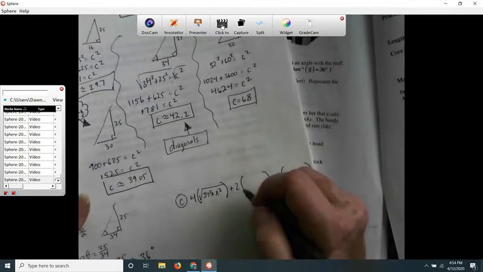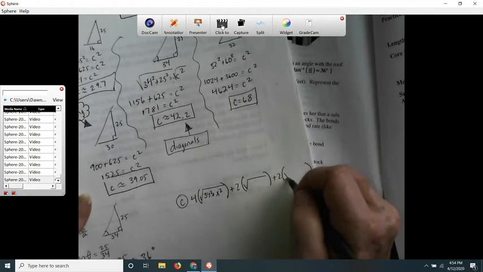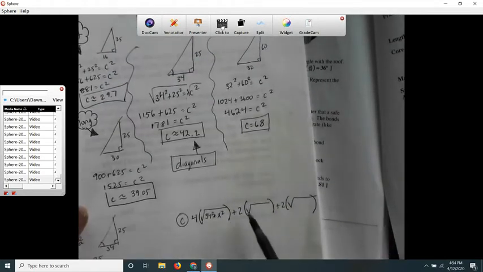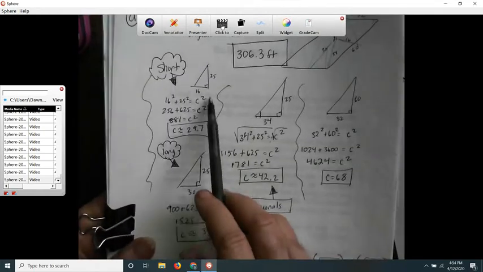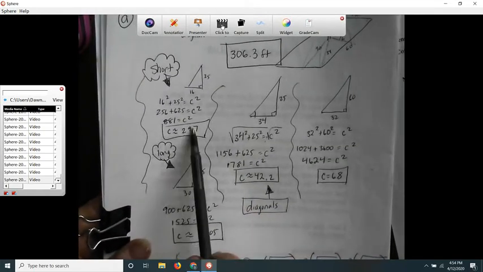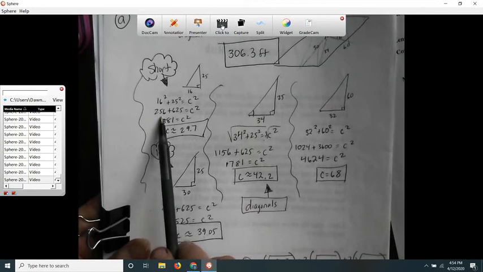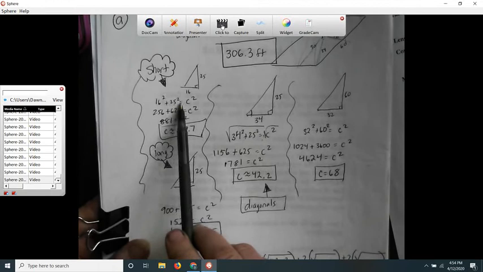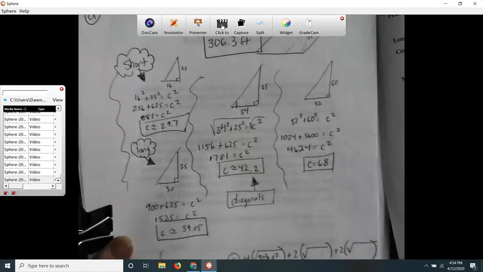So you can see how these are going to play out. This was the short side, so this would be the square root of 16 squared plus x squared. Instead of 25, I have to use x.